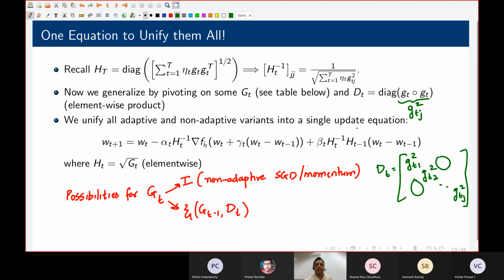Okay, so the rest should be straightforward, but this HT will now be derived in terms of the GT as the square root of GT. Now with different choices of GT, you will get different variants. Is that clear? So the table will be listing out what the GT variants are. Also, one more point, let's get the intuition correct. This HT inverse, HT minus 1, you see here, right?